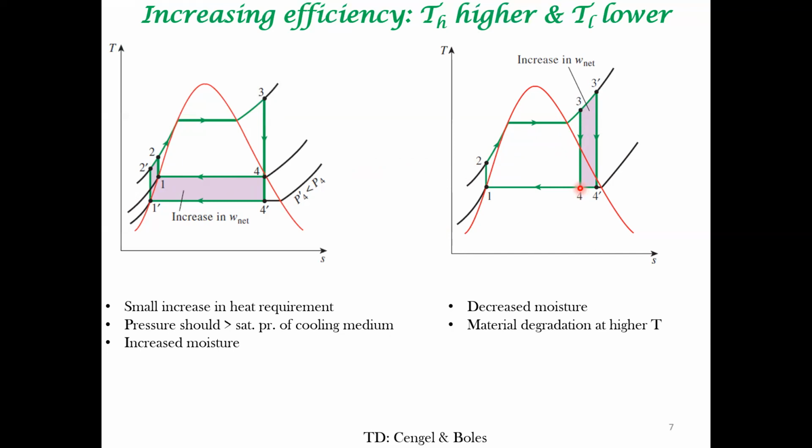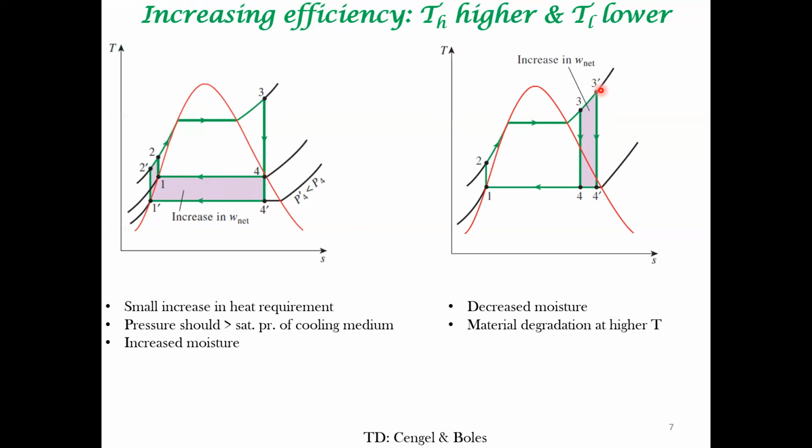Compared to this point, if you do an isentropic process from a higher temperature, you end up at this point. The moisture content at state point 4 prime is less than the moisture content here. Therefore, the turbines will corrode less. However, when you increase it to a higher temperature, there is material degradation in process equipment involving this stream.